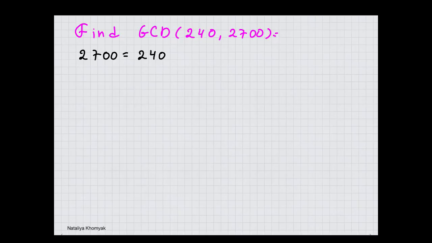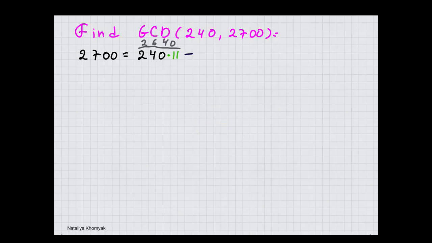240 goes into 2700 11 whole times. You can find that easily by dividing 2700 by 240, and you will get 11.25. 240 times 11 is 2640.